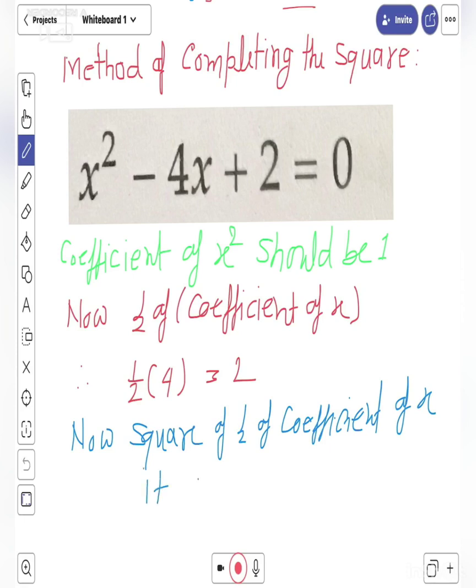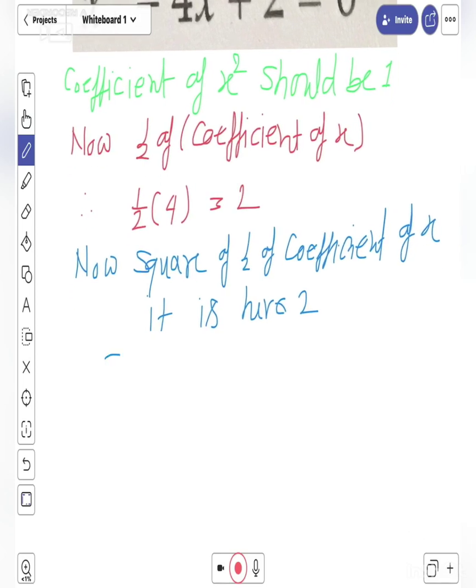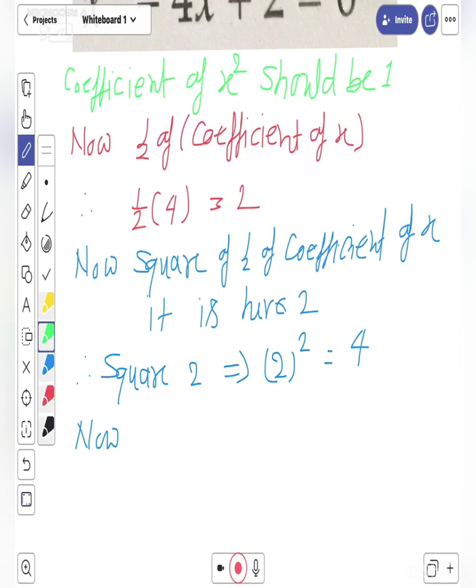So it is here 2, therefore the square of 2 equals 2 square, which means 4.